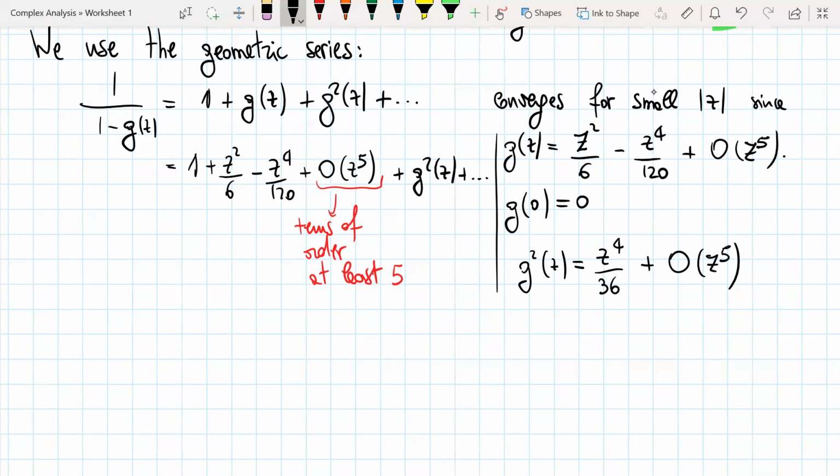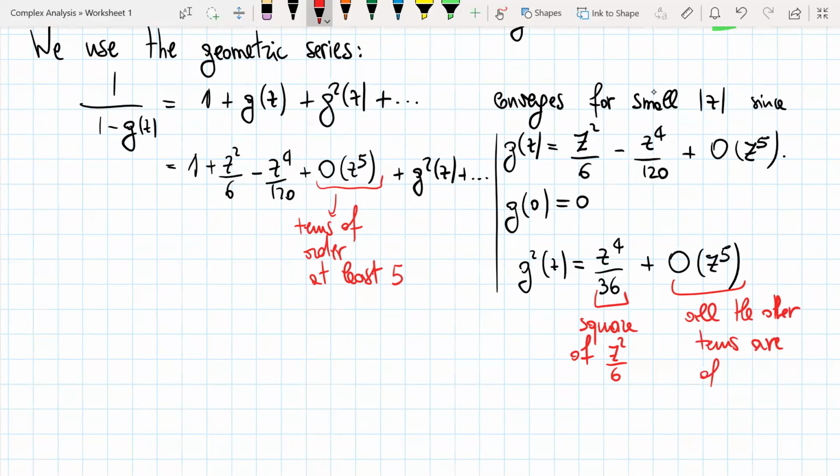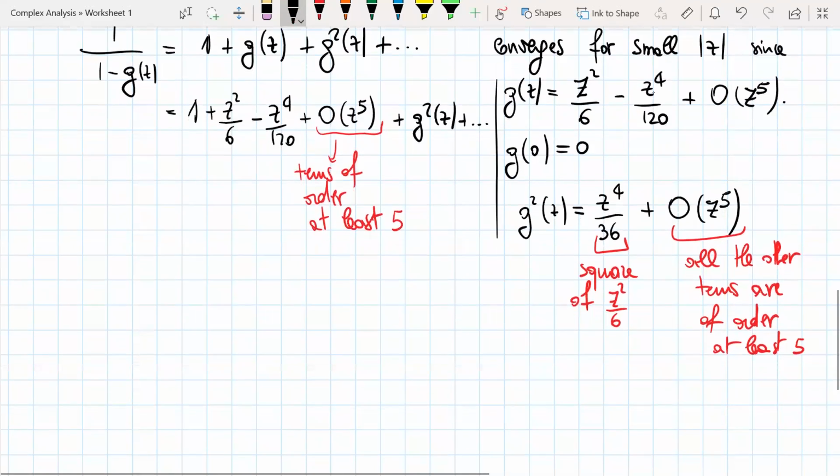So this is just the square of z squared over 6. All the other terms are of order at least 5. Okay, so we get this new term of order 4, z to the 4 divided by 36.